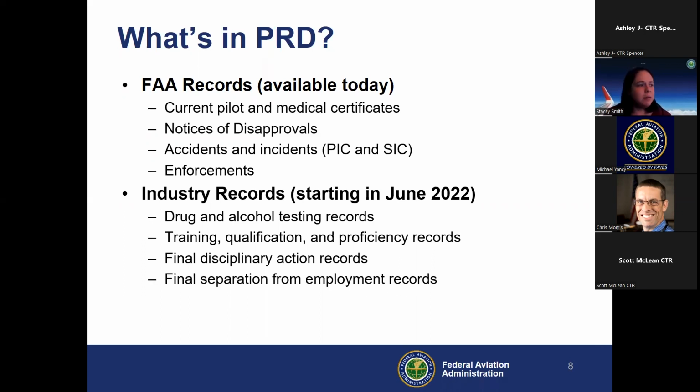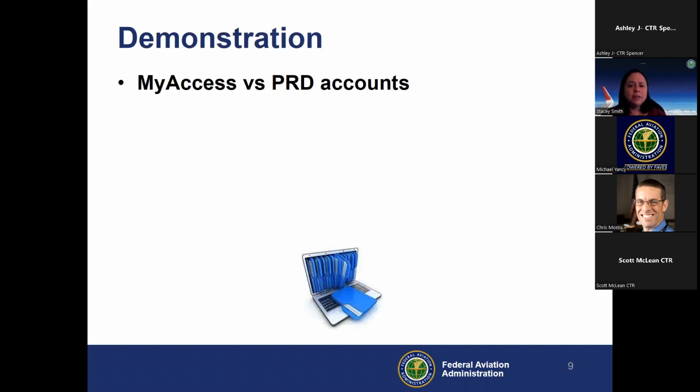At this time, we currently have about 35,000 registered users and are providing over 3,000 pilot records per month. So we have a lot going on right now. Next, I'll do a little demonstration to go over creating a MyAccess account and creating a PRD account.